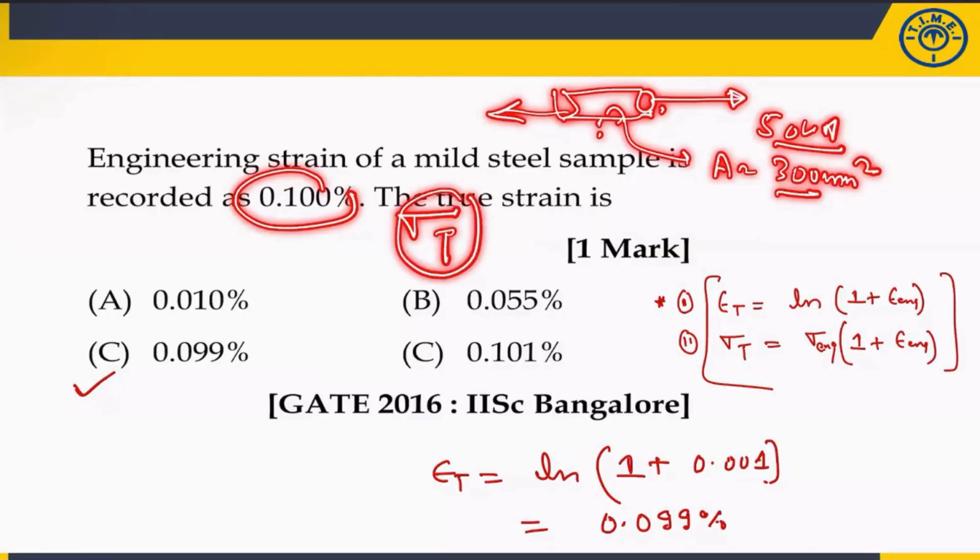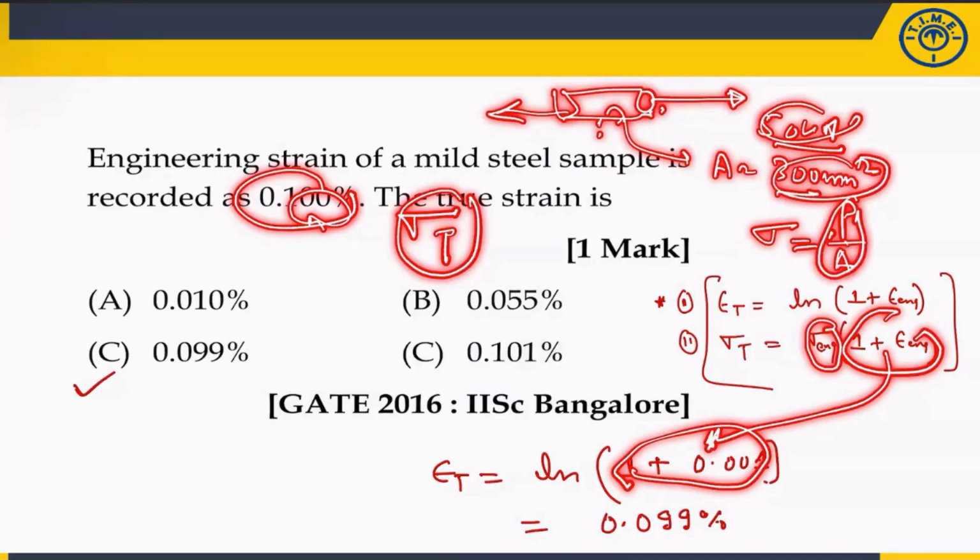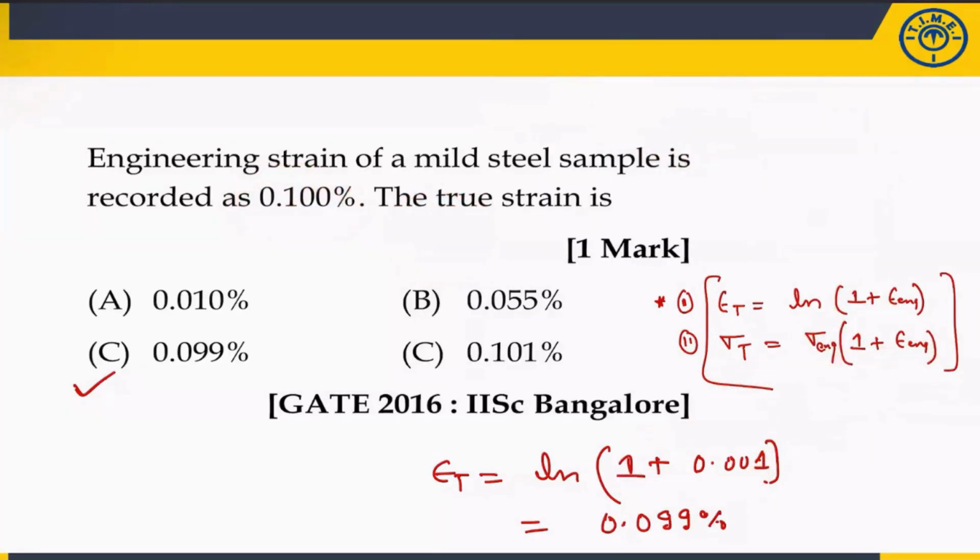How will you calculate true stress? 1 plus engineering strain, which you already know since the engineering strain is given, times the engineering stress. How will you calculate the engineering stress? It is load divided by area. Load is given, area is given, just divide and put it here, and you will get the true stress also. So the true stress and true strain you can both easily calculate.